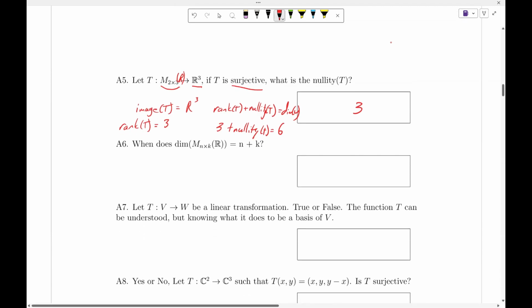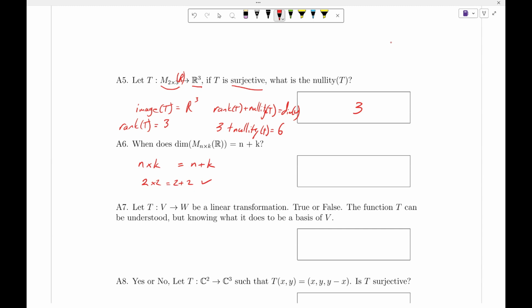A6 is a really interesting question because the dimension of the n by k real matrices is n times k. And we're saying when does this equal n plus k? And there's actually two situations, but one we're going to talk about. If we do 2 times 2 equals 2 plus 2, this is verified.